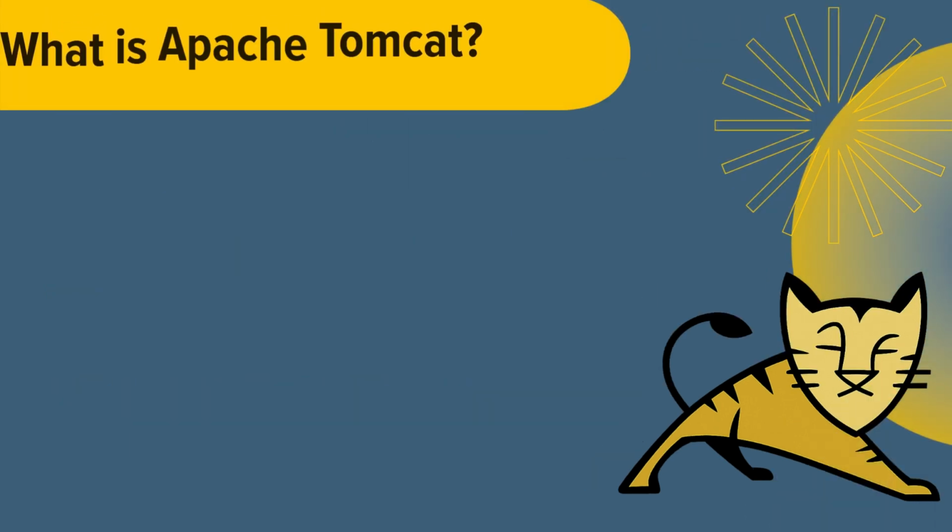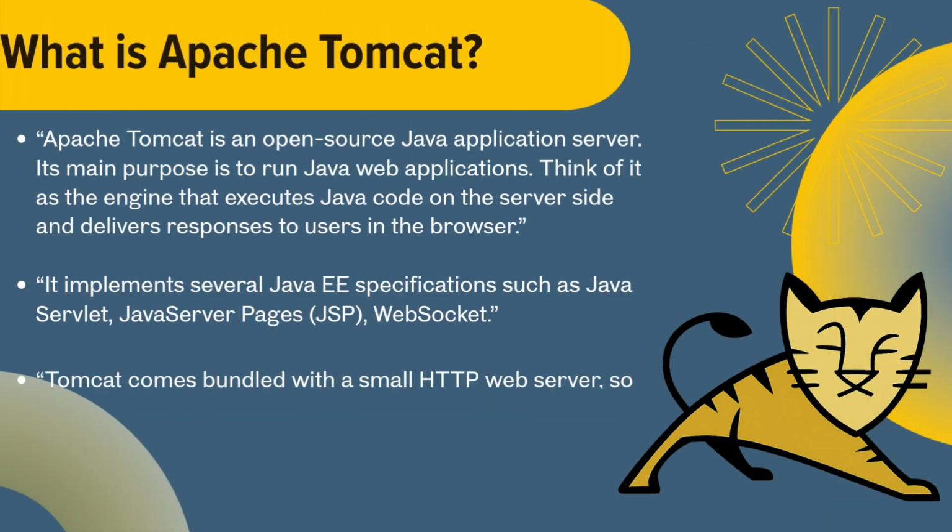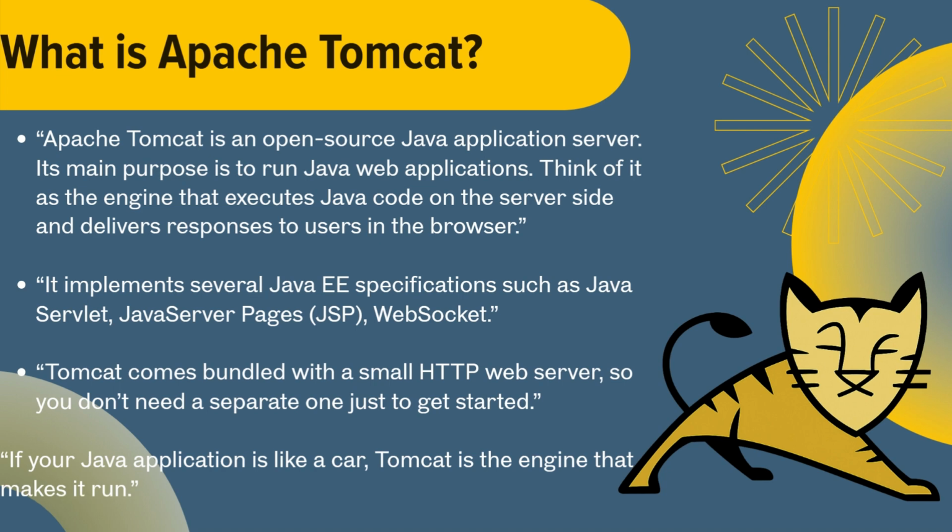So, next, what is Apache Tomcat? Apache Tomcat is an open source Java application server. Its main purpose is to run Java web applications. Think of it as the engine that executes Java code on the server side and delivers responses to users in the browser.